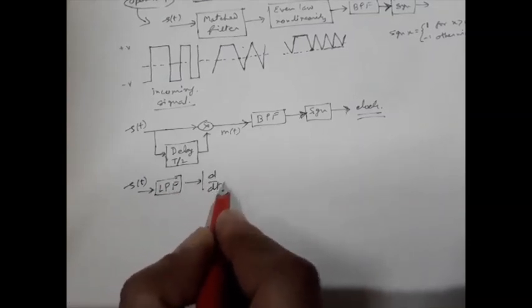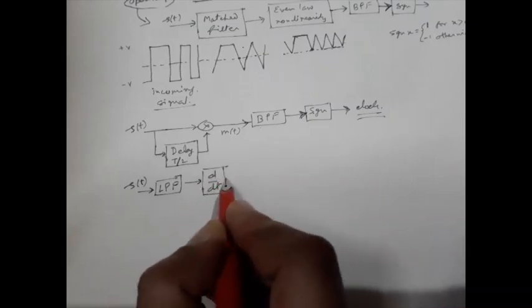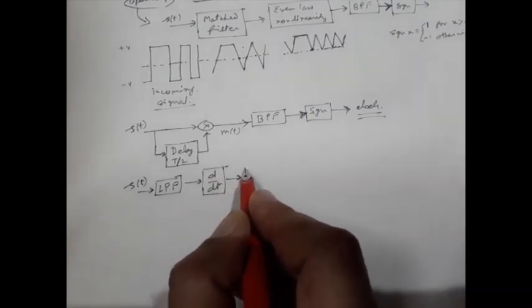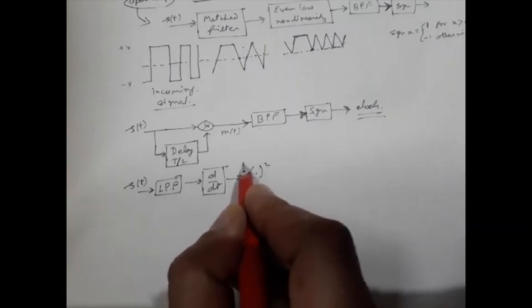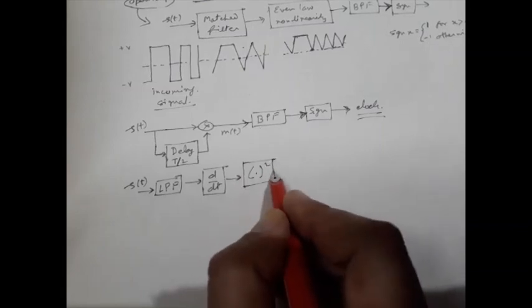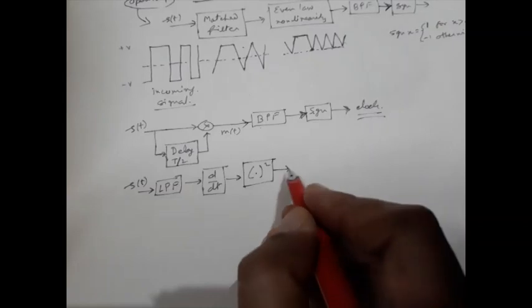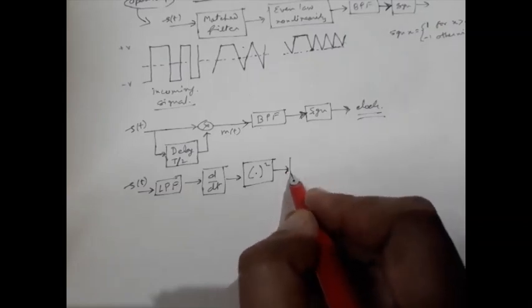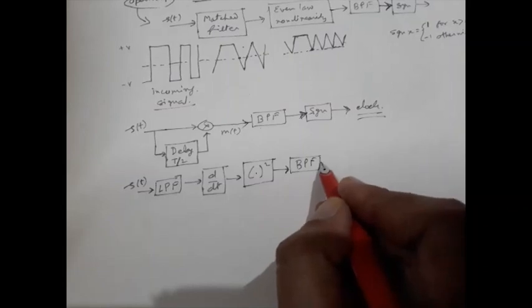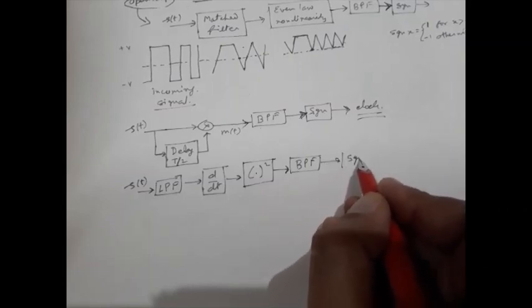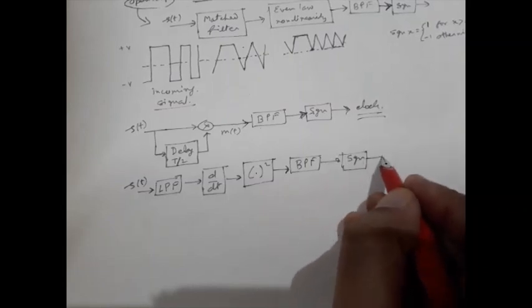Then we have a differentiator, and the output of the differentiator is passed through a nonlinear square law device. The output is passed through a band pass filter and then the wave shaper circuit, just like before. So this is the circuit, or rather block diagram.